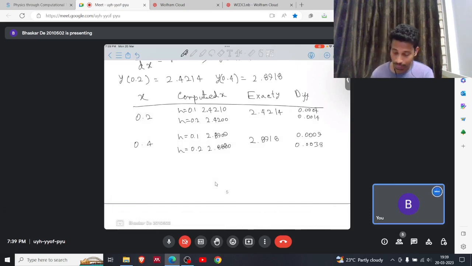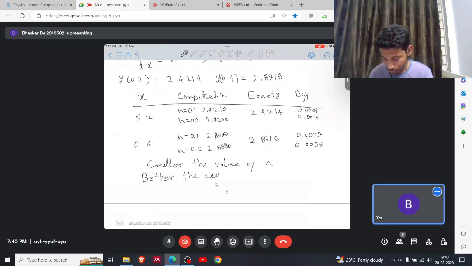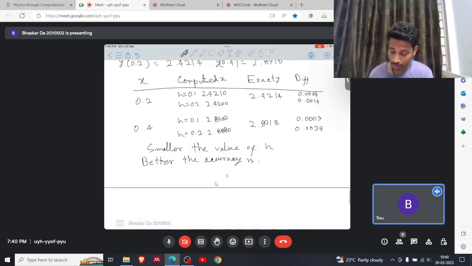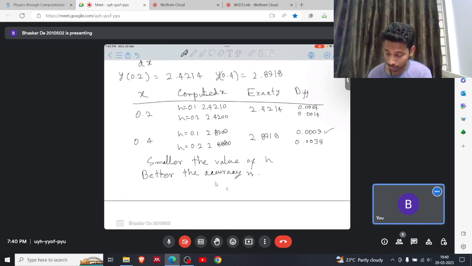So here you can see the smaller the h, the better the accuracy is. Basically the difference is decreasing. So if we take h equal to 0.05 then the accuracy will increase further.